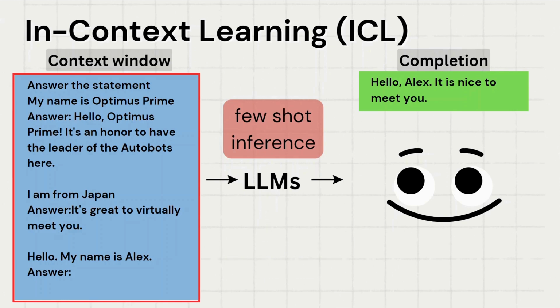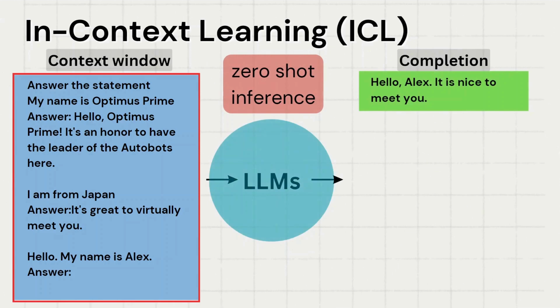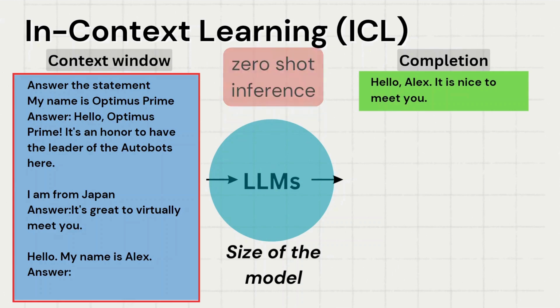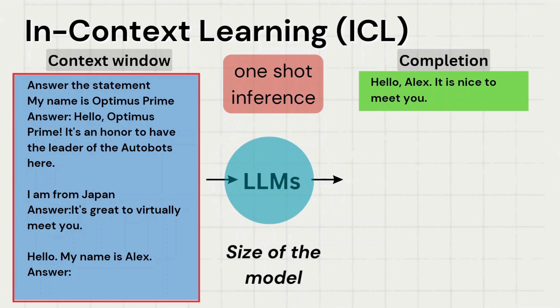Now, how do we actually know which type of models would be suitable for zero shot, one shot or few shot inference? So the general intuition is, if you have an LLM which is trained on a huge dataset, that is, it has already learned things from the internet, then it doesn't need many hints in order to predict the outcome. But if you have a model that is trained on a smaller dataset, then you have to go one step further because it may not have much information to predict the output.